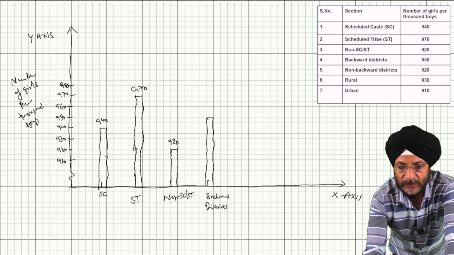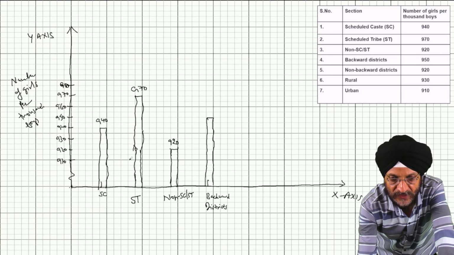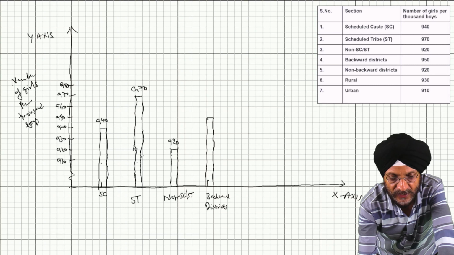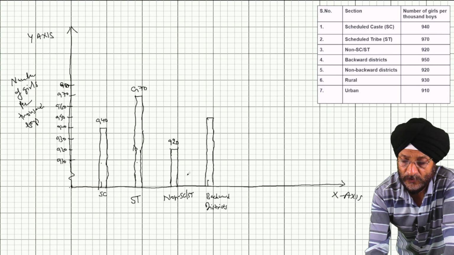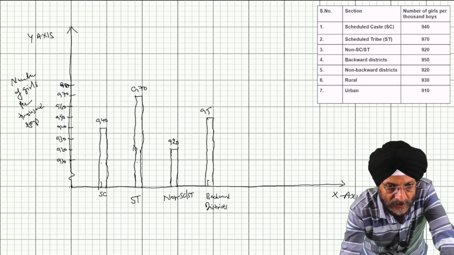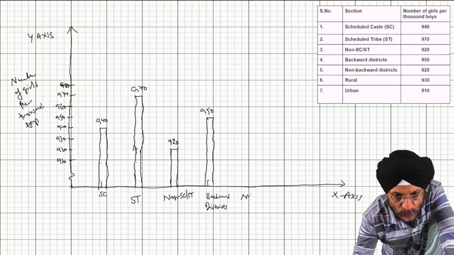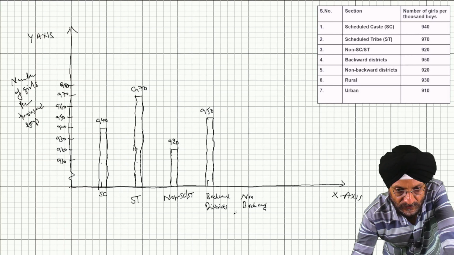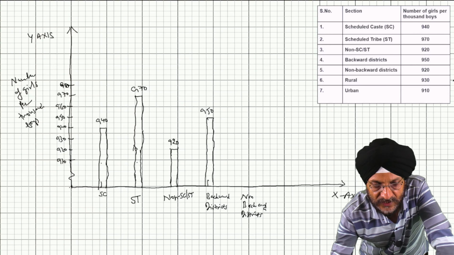You can see from the graphs with bars which we are drawing that these are of equal width, and there is equal distance between each of these bars, which we have to maintain in each and every case. 950. Then non-backward. You mention here non-backward districts. This is 920.